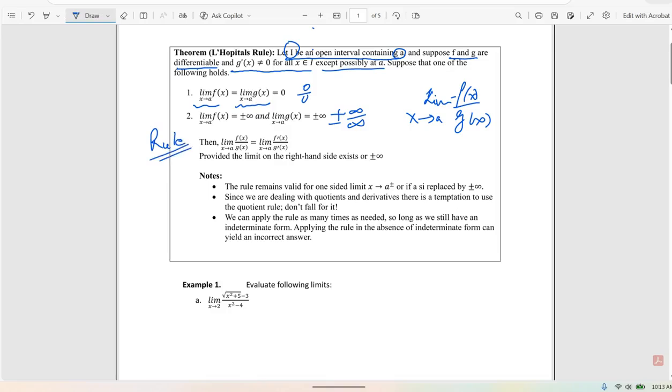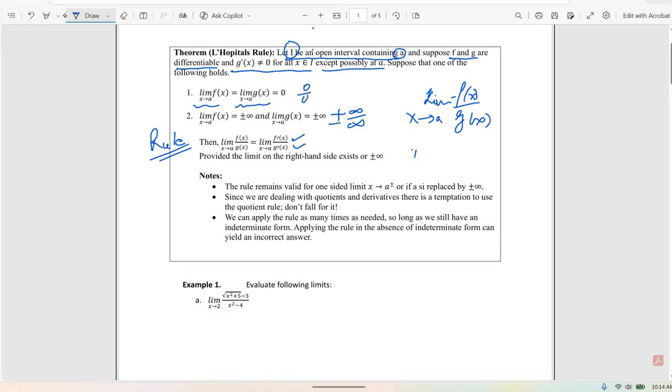The conclusion of the rule says the limit of f of x by g of x is the same as the limit of the derivative of the numerator divided by the derivative of the denominator. Pay attention, this is not the quotient rule.